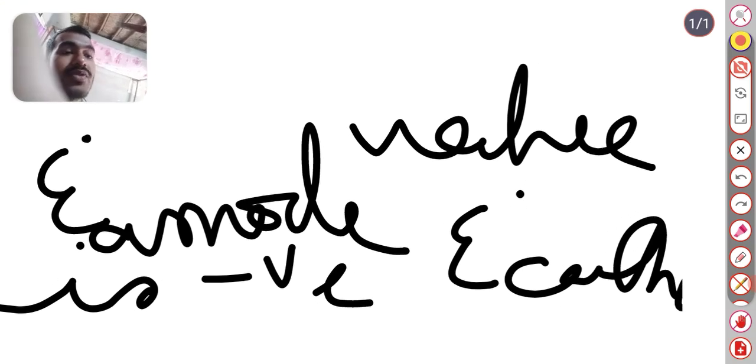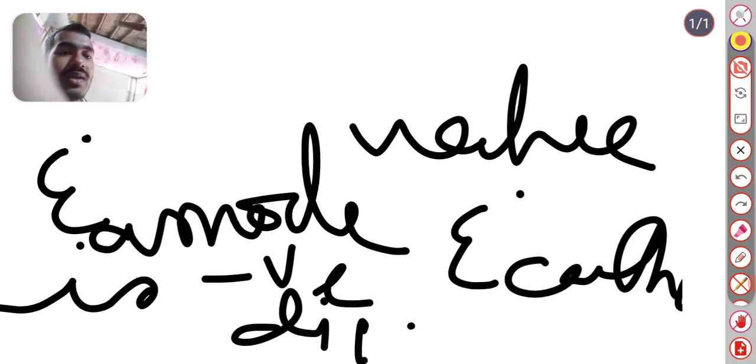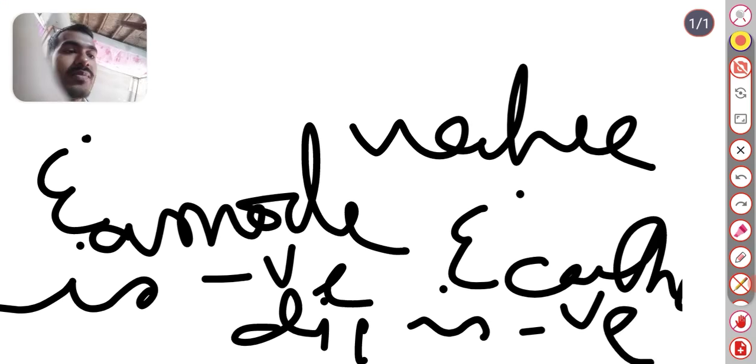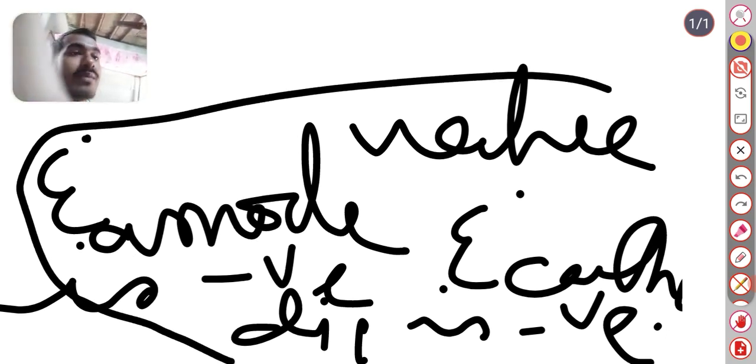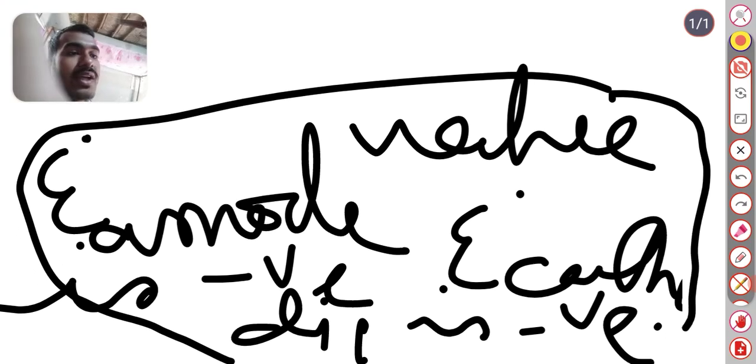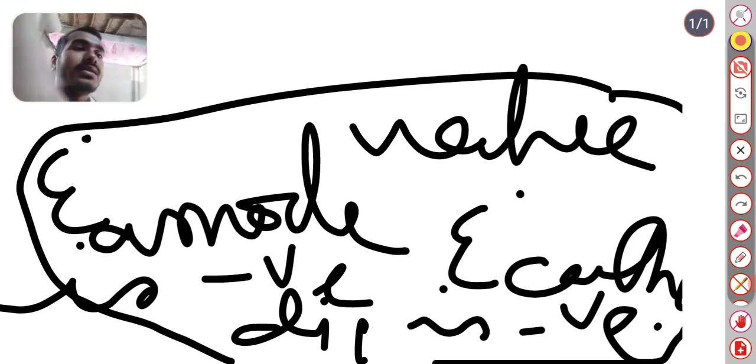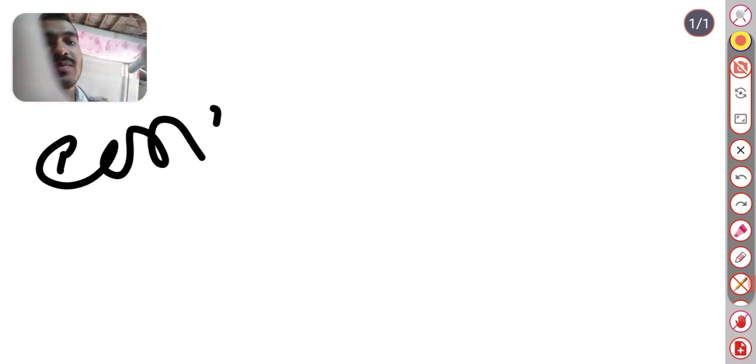It cannot be positive by any condition. It always becomes negative, E naught anode value and E naught cathode value. That is the point. If the value is given positive, then also you have to take the negative. That is the point.